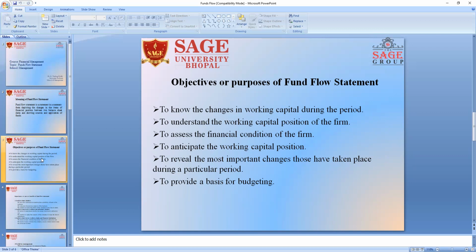So what are those major changes can be known through this particular period, and to provide a basis for budgeting. Of all, the major important aspect is the budgeting. So for the next year, how much budget we have to keep and cope up to understand the financial need of the organization. So this funds flow statement is utilized.